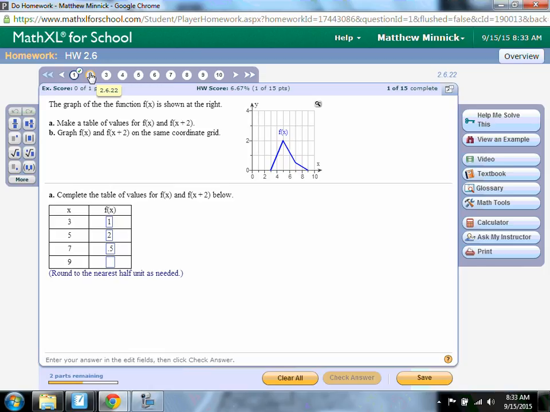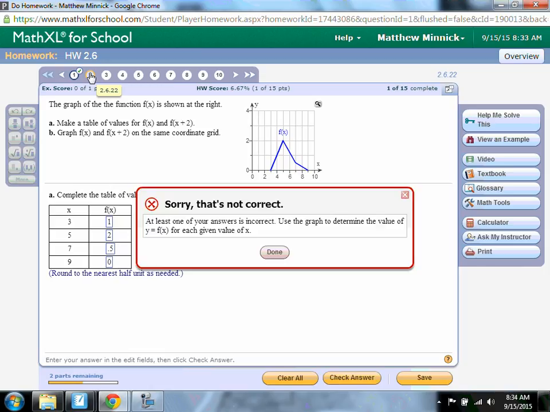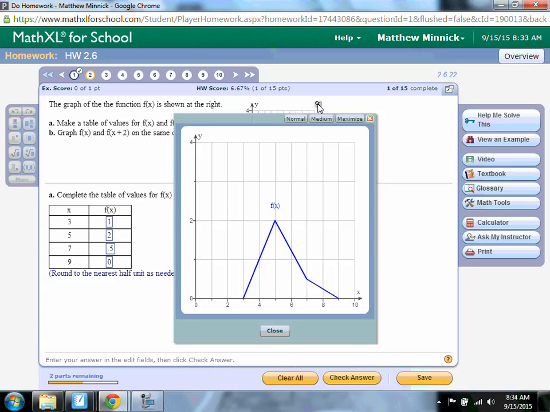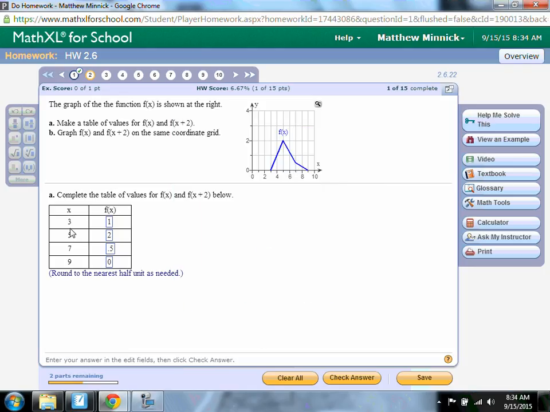And when x is 9, it looks like y is 0. Oh, I didn't do that right. Try that again. I guess it's 3, 0, huh? I had the 5, 2, I think that was okay.